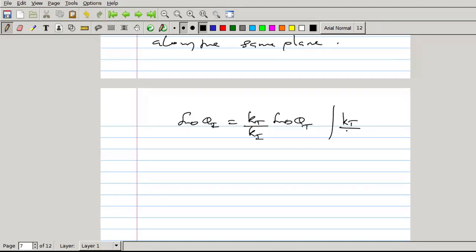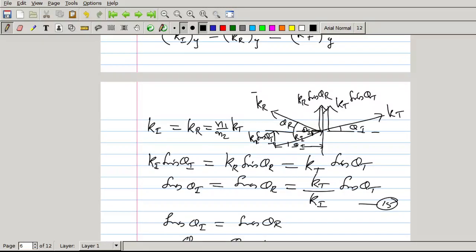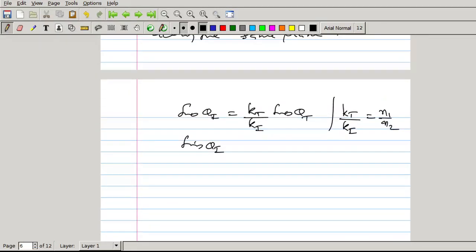Now ki equal to n1 by n2 kt, so kt by ki will be n2 by n1.